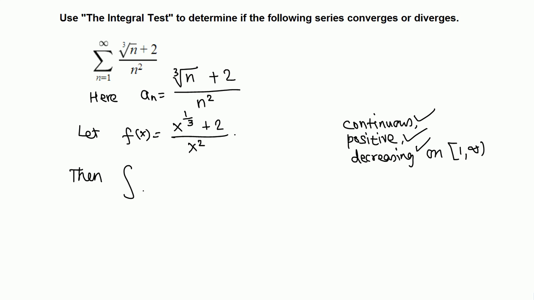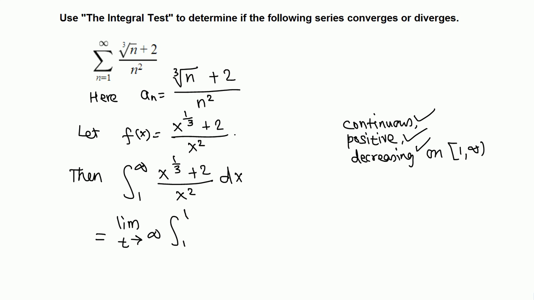Now we find this improper integral from 1 through infinity of the function (x^(1/3) plus 2) over x squared dx. Let's find this definite integral in this way, improper. So this is infinity, so we need to take the limit as t goes to infinity of the integral from 1 through t.